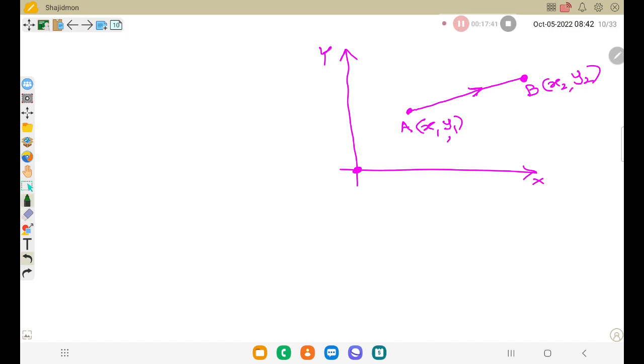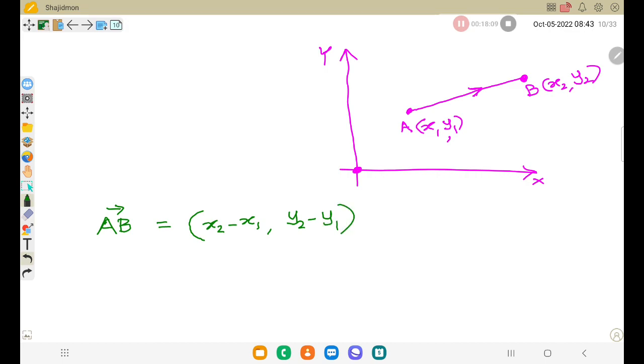So how can we find the component form of vector AB, the vector joining 2 points? It should be an ordered pair because it is the xy plane, correct? Second x number minus first x number, x2 minus x1, comma, second y number minus first y number, y2 minus y1.